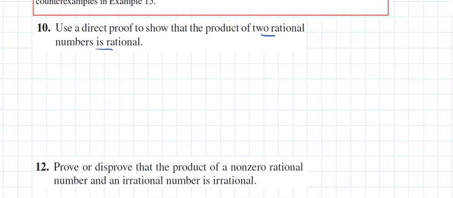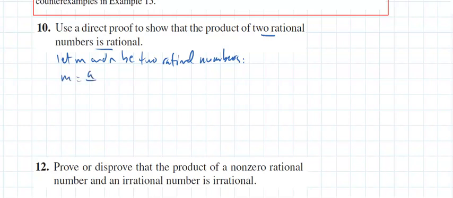So here, let m and n be two rational numbers. Then we know that m can be written as a over b, where b does not equal 0.